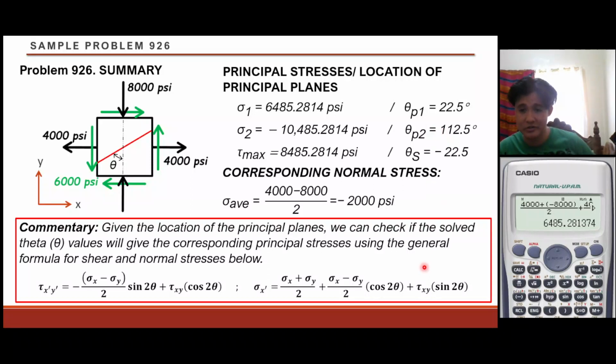Please check your notes if you got the same. When you substitute these thetas into our equations, the corresponding stresses you get should be these. Okay. So that sums up our discussion for sample problem 926. Next problem. Let what we discussed sink in first before we proceed.